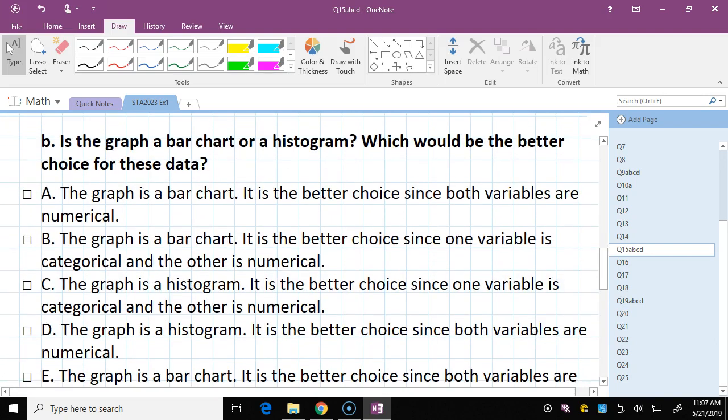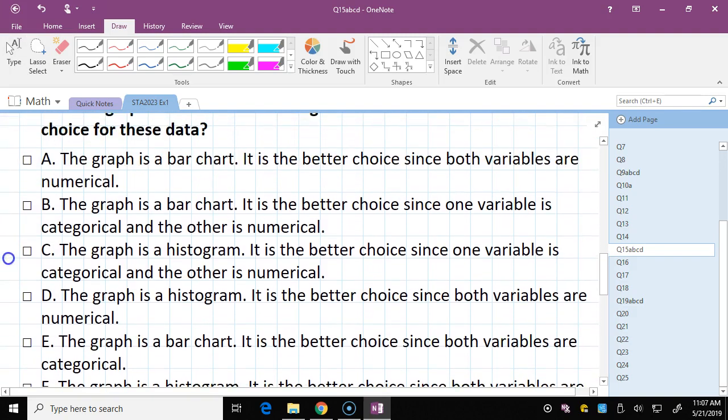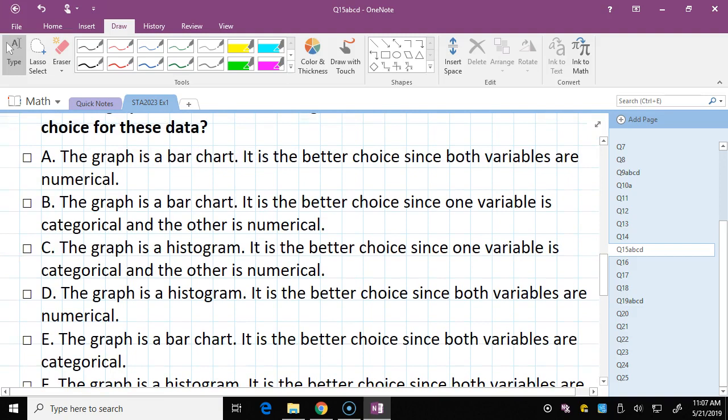So is the graph a bar chart or a histogram? Well, right away, you know that the bars, are they touching? No, so we know it's got to be a bar chart, bar graph. There's three possible answers for this. A, the graph is a bar chart, the better choice since both variables are numerical.